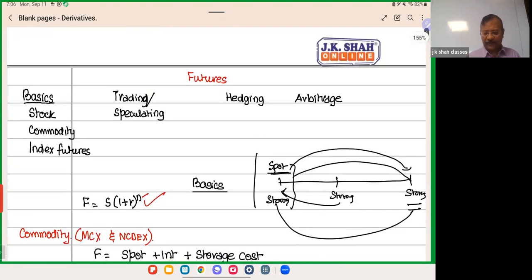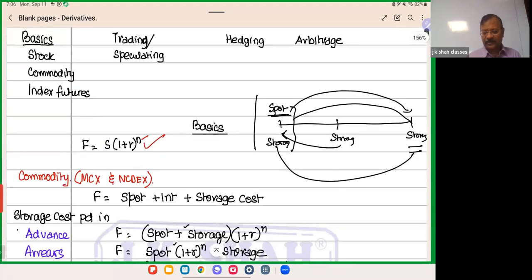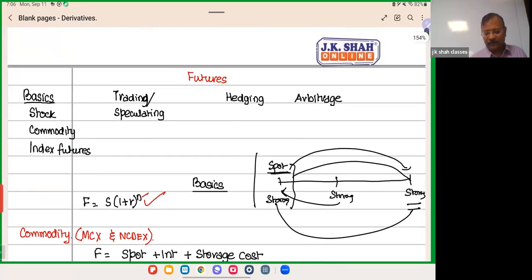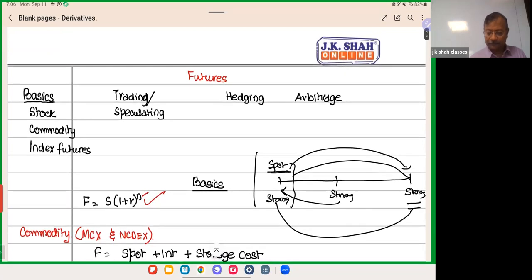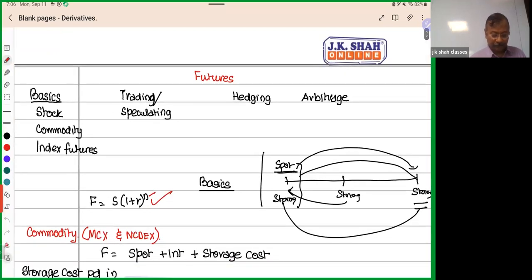Where we said that in case the interest rate is continuously compounded, then normally amount equals principal into 1 plus R raised to the power n. But in case of continuous compounding, this compounding methodology is substituted with e raised to Rn.